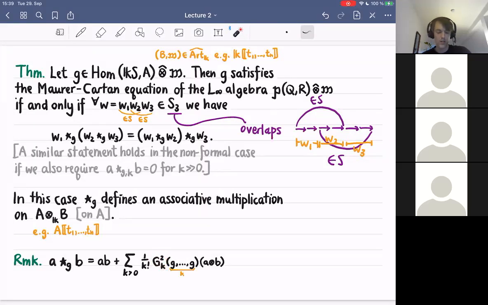This is part of the L infinity quasi-isomorphism between the algebra PQR and H of A.